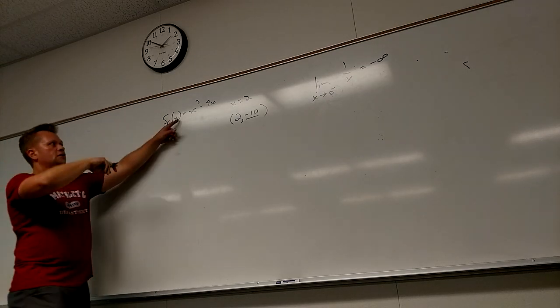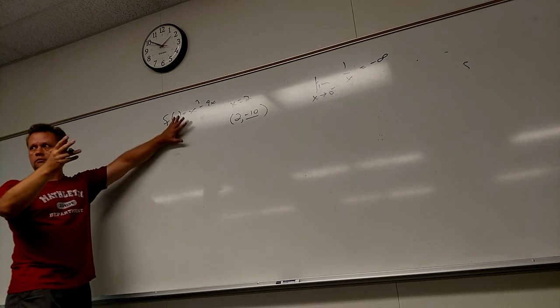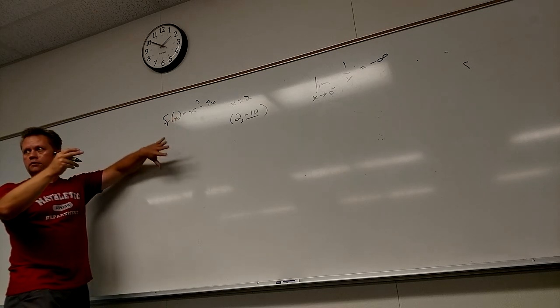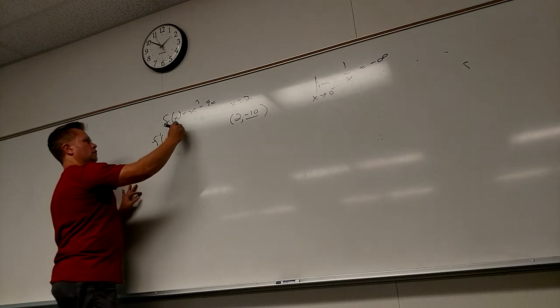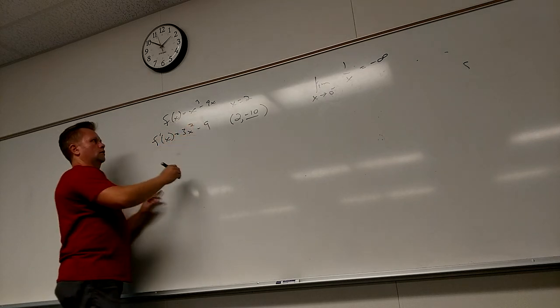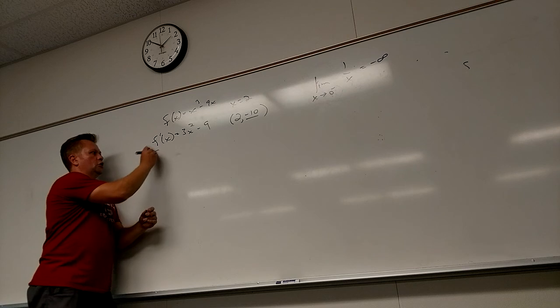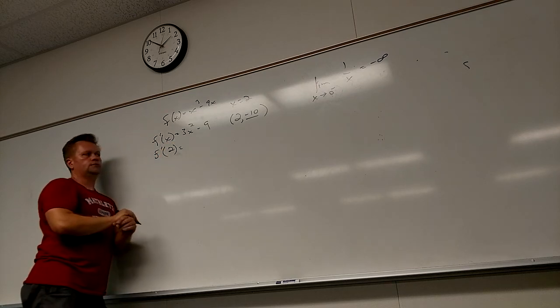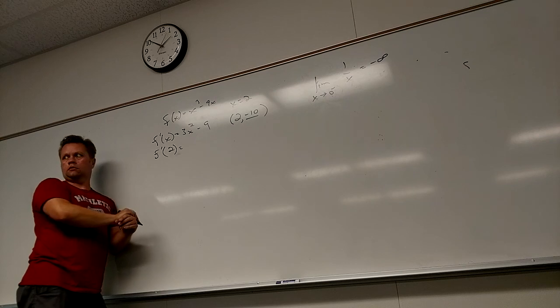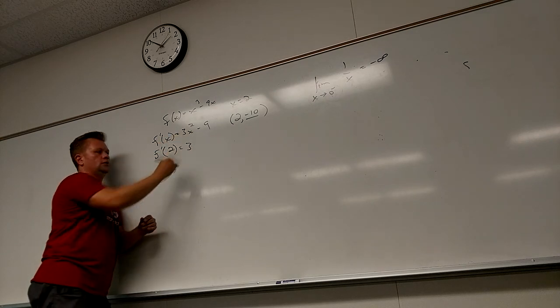And then you need the slope. So we need to do what? Take a derivative. And I want the slope at 2. Yeah, so you get 12 minus 9, 3.